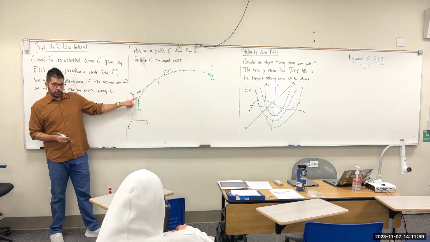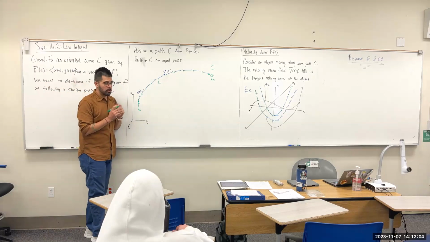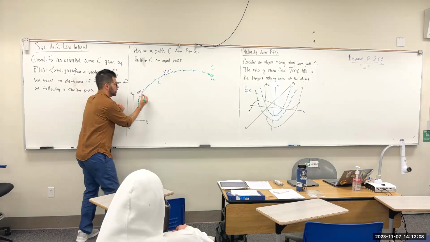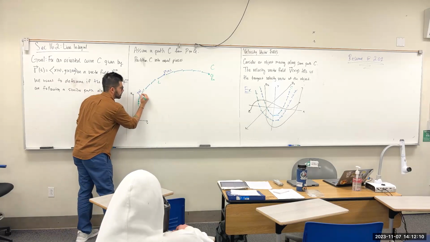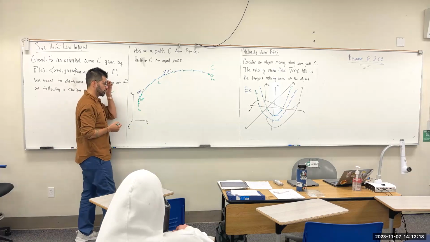These are the tangent vectors, right? Then you have the displacement vectors, which is the vector that connects this point to this point. Then you have these displacement vectors right here. We're going to call them delta r.